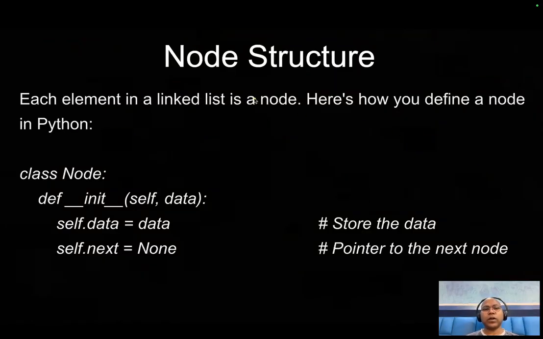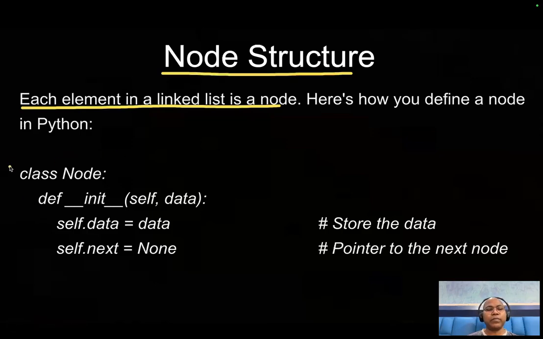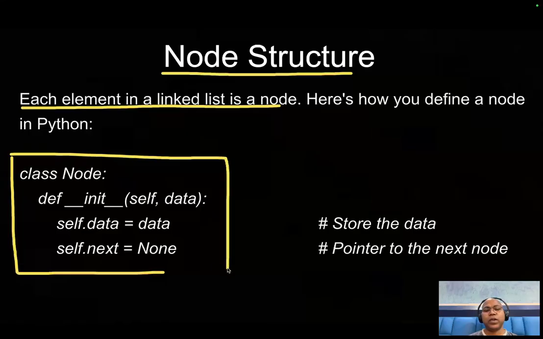Okay, so let's talk about the structure, how we are going to write the linked list node. Each element in the linked list is a node, so here we can define the node. Whenever you start a linked list, first you have to define your node structure. A node contains two parts: one is your data part and one is your next part.